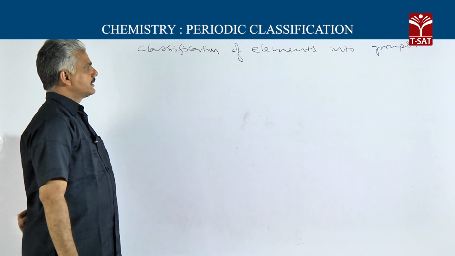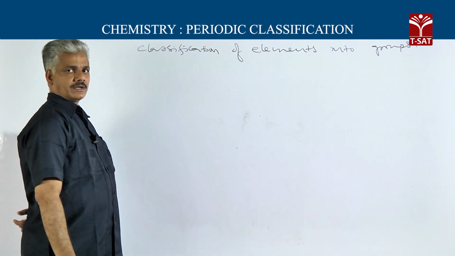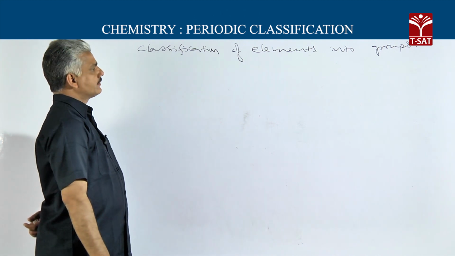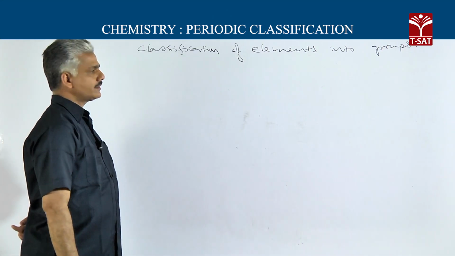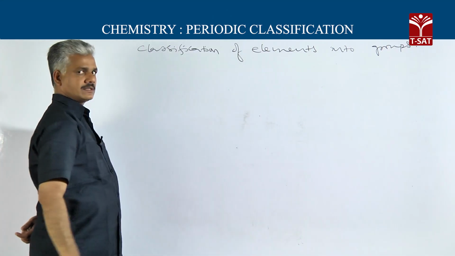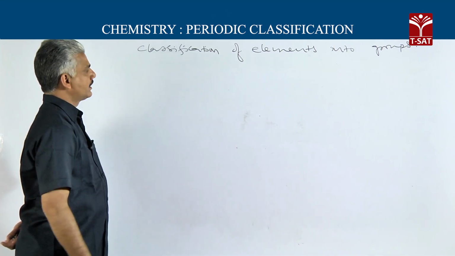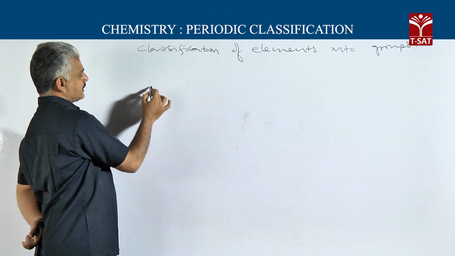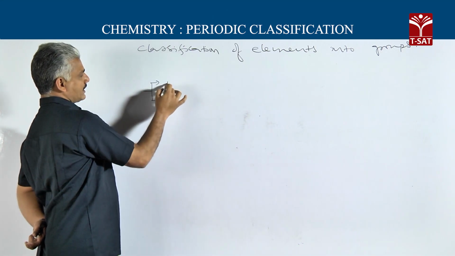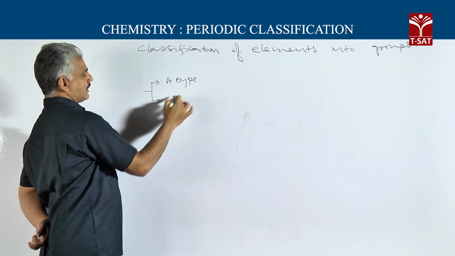The elements with a similar outer electronic configuration were placed in one particular group. So, you can say this classification is based on the electronic configurations of elements. The 18 groups are classified into two types: A type and B type.